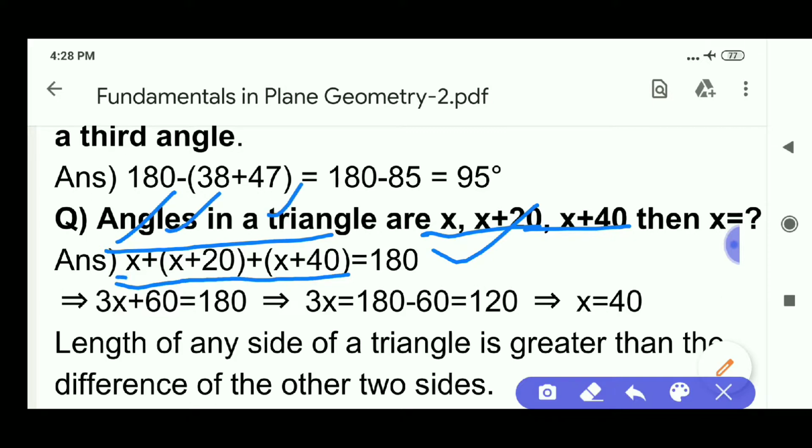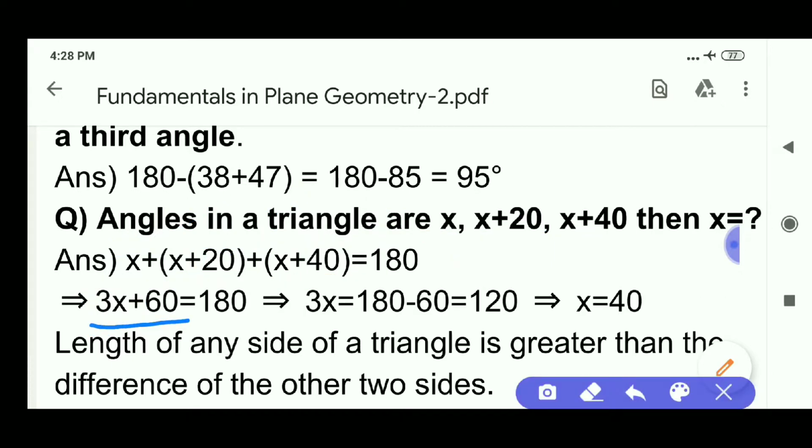So it is 2x plus 20 plus 40, which is 60. That means 2x plus 60 is 180. So 2x is 180 minus 60. That is 120. So x is 120 by 2. The answer is 60.